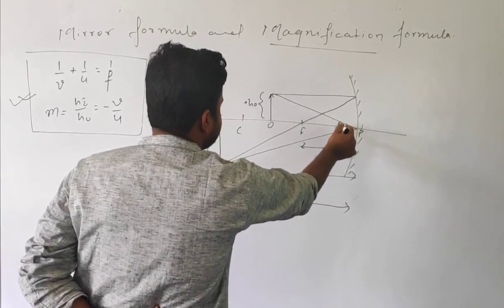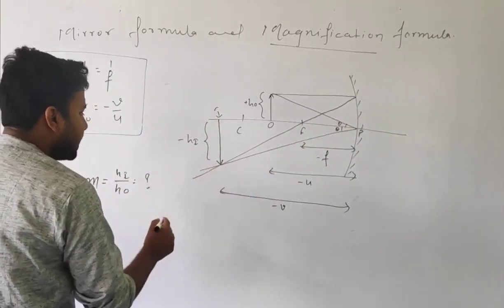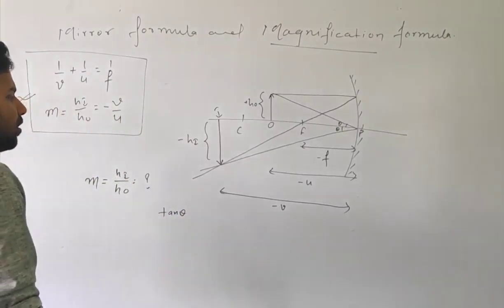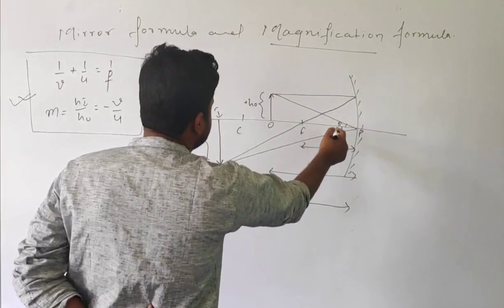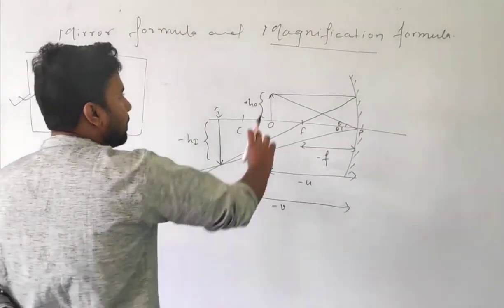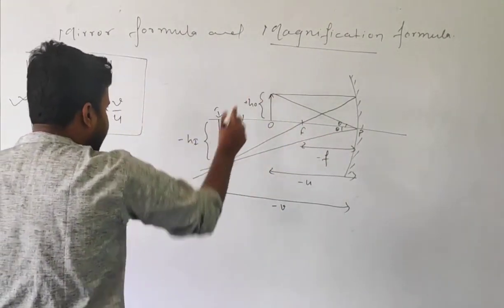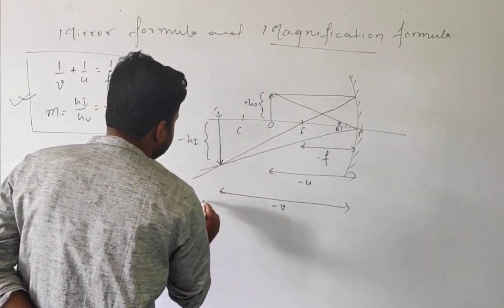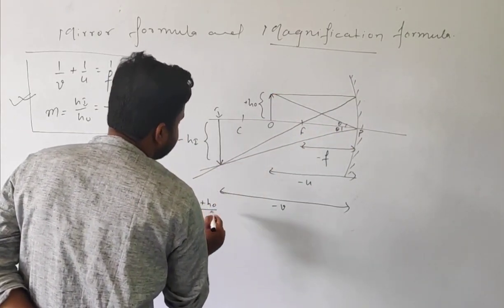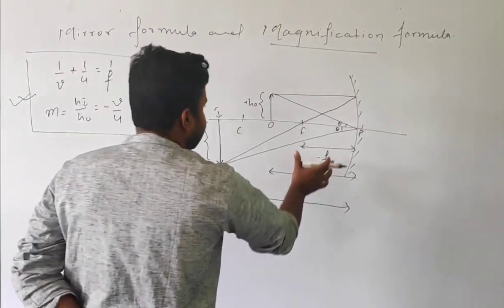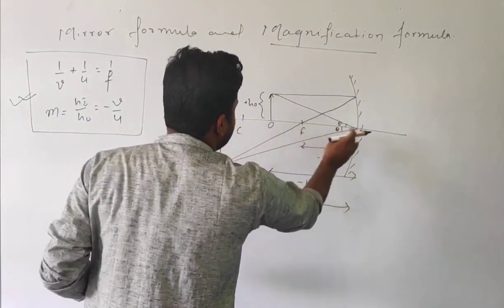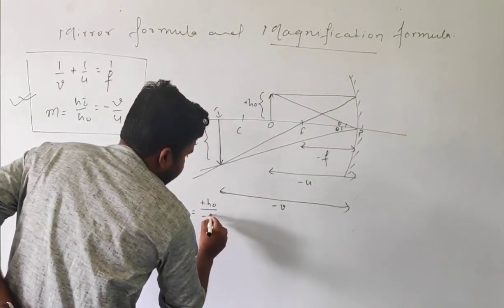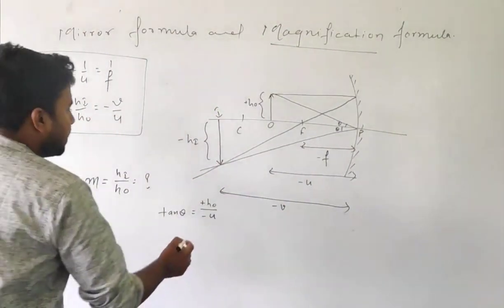This angle is theta, and this angle is also theta, so we can write tan theta. I suppose you all know basic trigonometry: tan theta equals perpendicular by base. In this triangle, the perpendicular is plus h naught, divided by the base, the distance between object and pole, which is minus u.